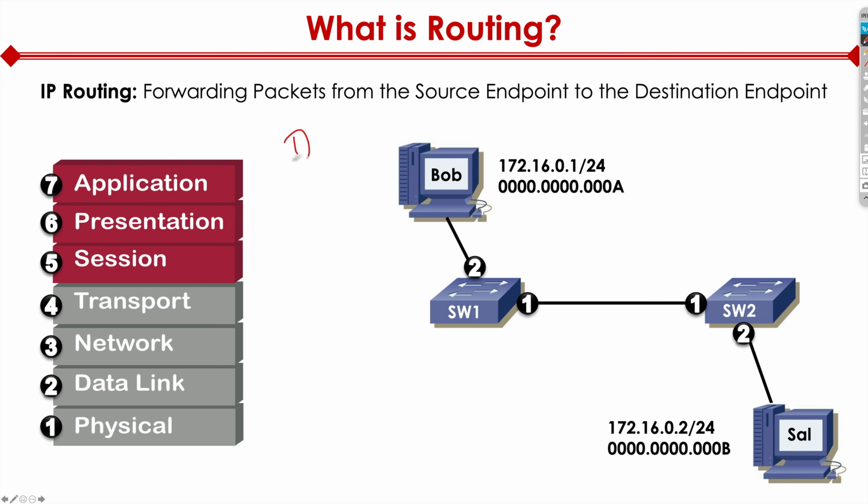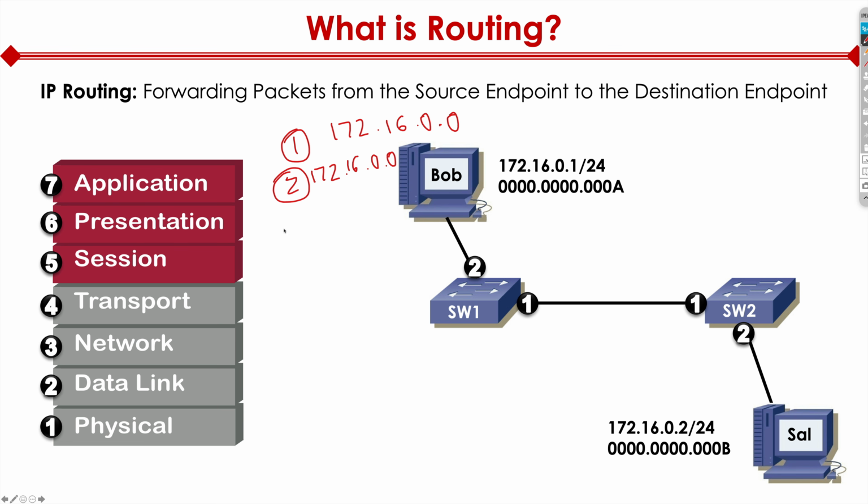Step number 1, I'm sure you guys remember at this point, Bob's PC has to run a binary AND against its own IP and subnet mask. It finds out that it's on subnet 172.16.0.0. Second step, it takes Sal's IP and its own subnet mask and runs the same AND operation, and it finds out that Sal also happens to be on 172.16.0.0.